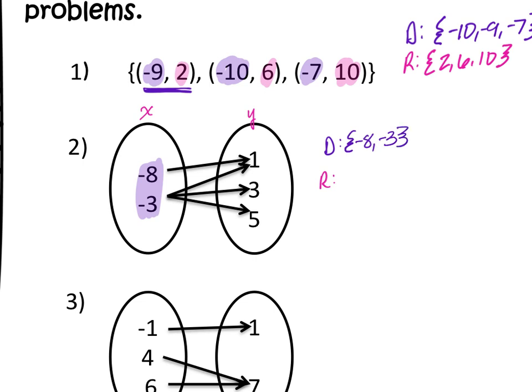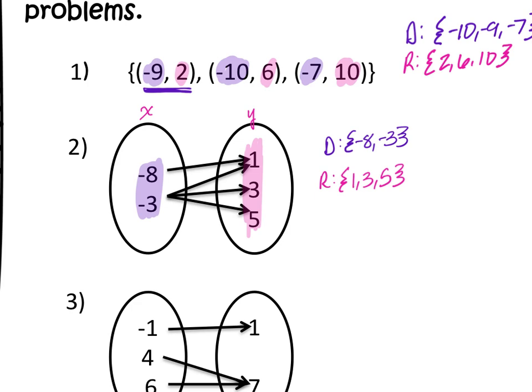My range is everything that's in the Y's. It's 1, 3, and 5. Okay? Does that make sense? Are we okay? Are you guys ready to try it on your own?